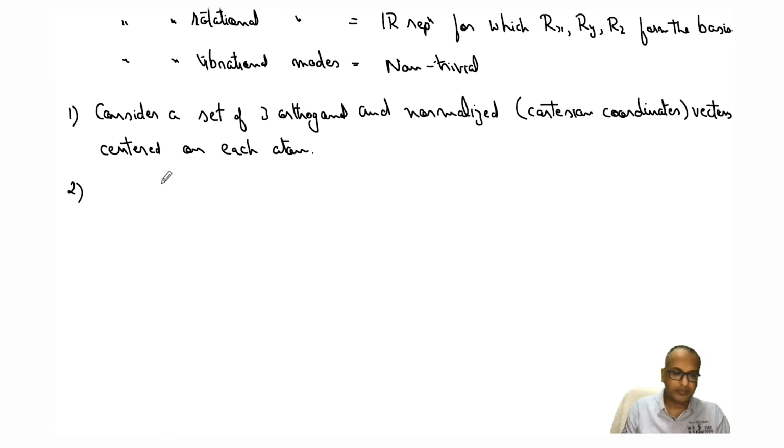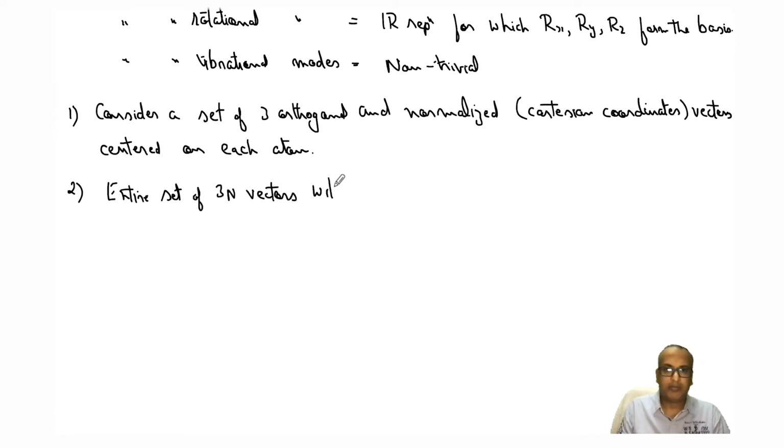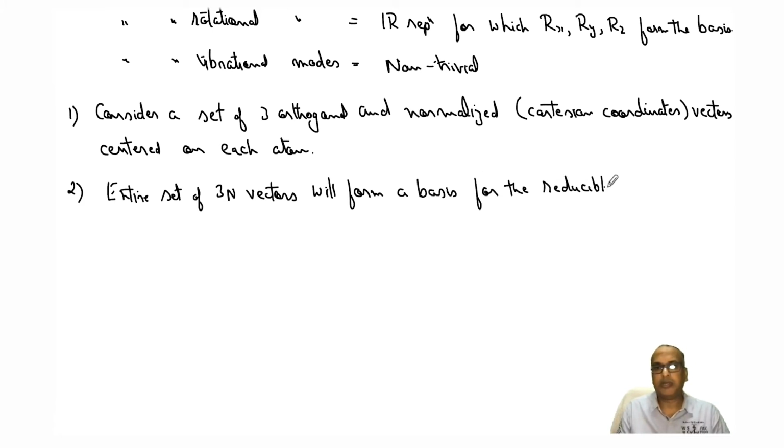Now the entire set of 3n vectors will form a basis for the reducible representation of the point group, right? So we have vectors on each atom. Now we can create a reducible representation of the point group using this as the basis.